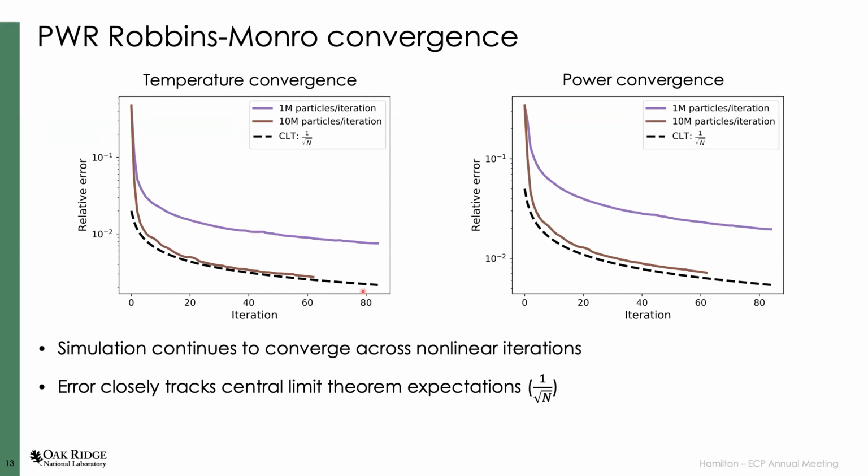And if you plot it against the 1 over square root of n behavior of central limit theorem, what we see is that we are getting exactly the expected 1 over square root of n behavior across iterations. So we don't get this in Picard. In Picard, we just flat stagnate, and there's a point in time where you're not doing any good anymore. Whereas with Robbins-Monro, we're continuing to make progress towards our converged solution.